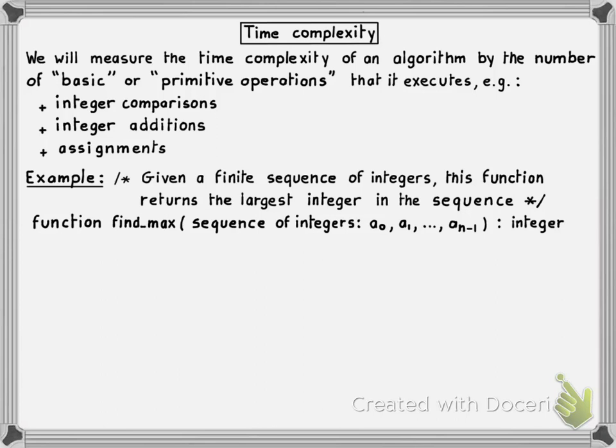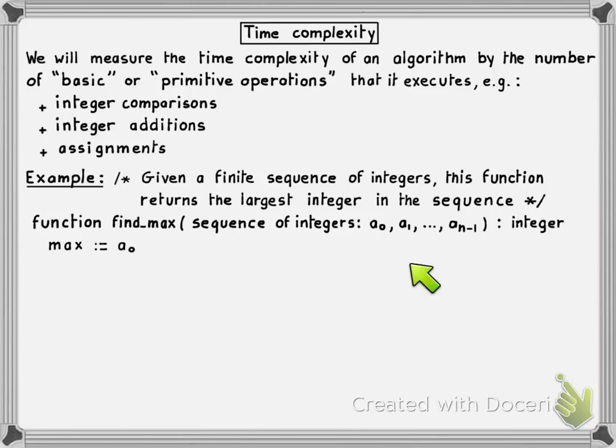So the algorithm will use a variable called max, which we will initialize to the first element in the sequence. Max is going to store the largest element found so far, in this case, the first element, which is the only one we have looked at so far.